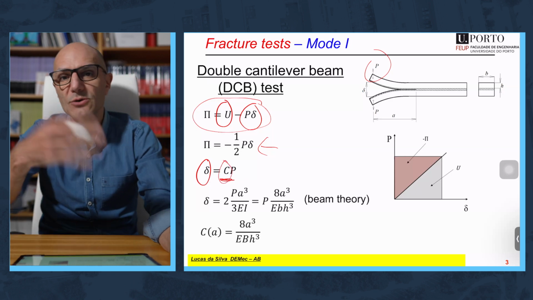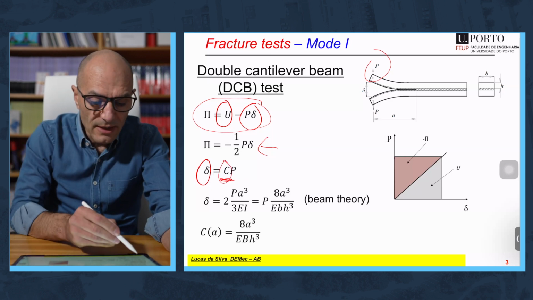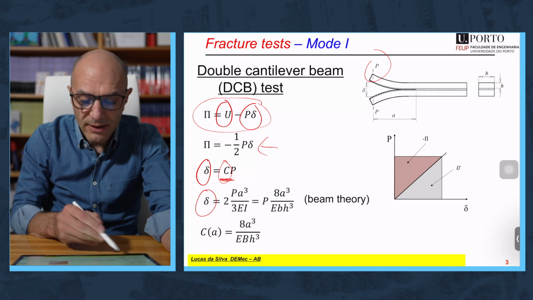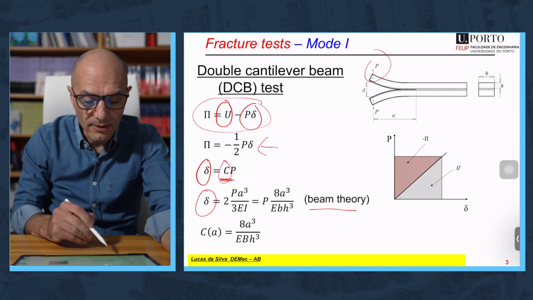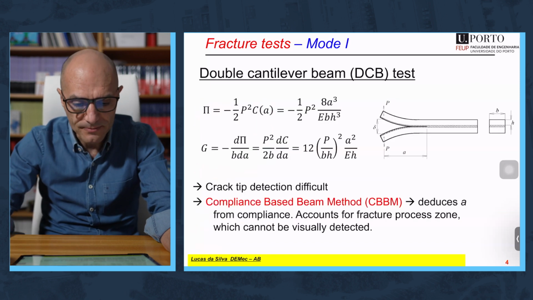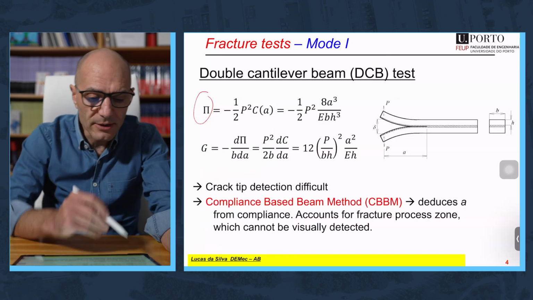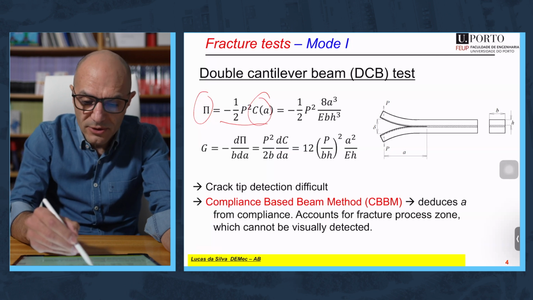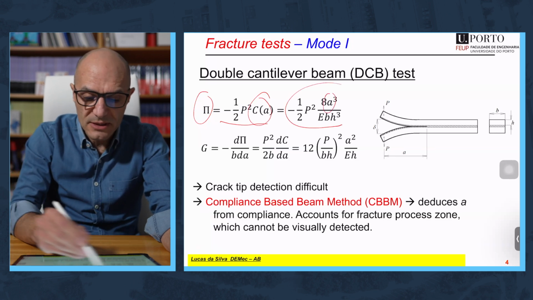The compliance is the opposite of the stiffness, and the displacement can be obtained by the beam theory. So we have an explanation then for the compliance. The total energy then simplifies to this. We have the compliance as a function of the crack length, you have here this expression.